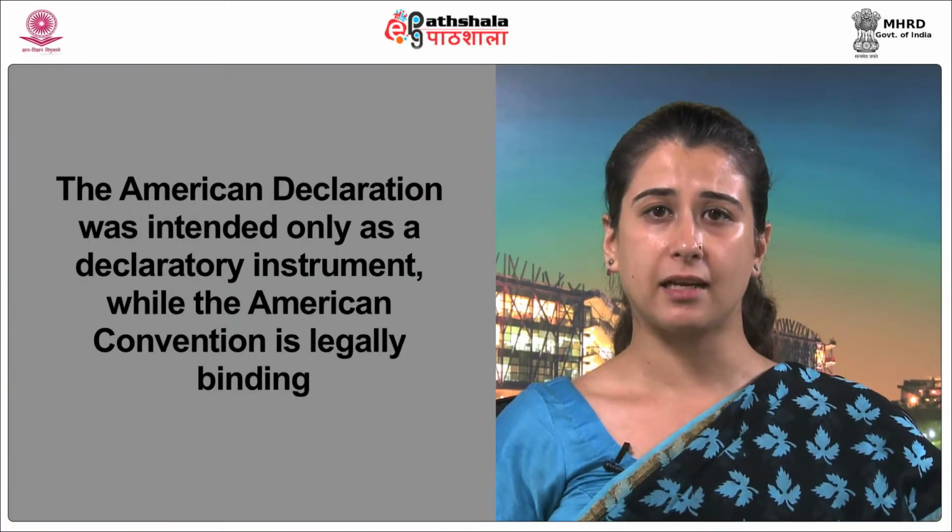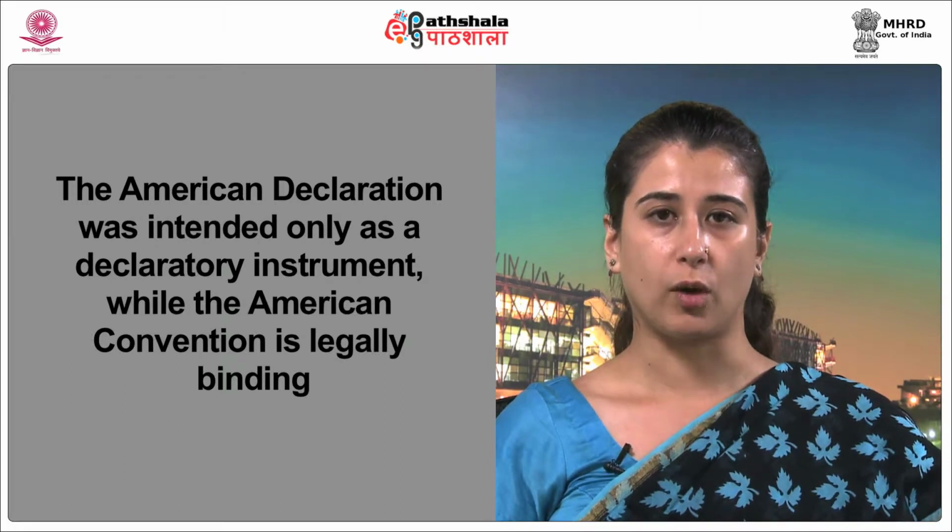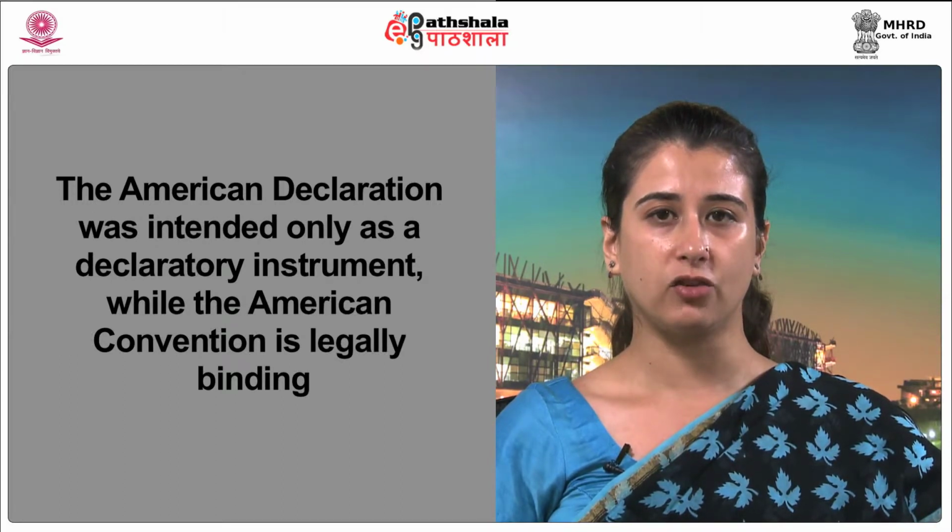In the American region, the two main human rights instruments are the American Declaration on the Rights and Duties of Man of 1948 and the American Convention on Human Rights of 1969. The American Declaration was intended only as a declaratory instrument, while the American Convention is a legally binding instrument.